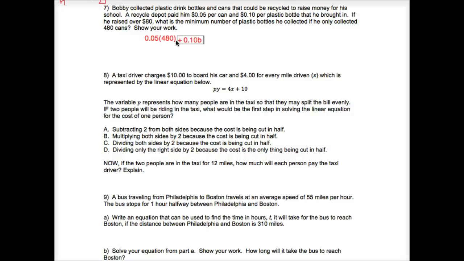So we know that that's going to be greater than or equal to 560. And so then I just solved this inequality. 5 cents times 480 gives you 24. So then I've got 24 plus 0.1b is greater than 560.